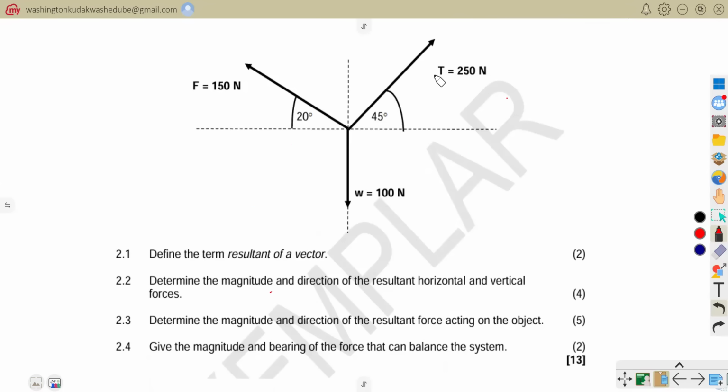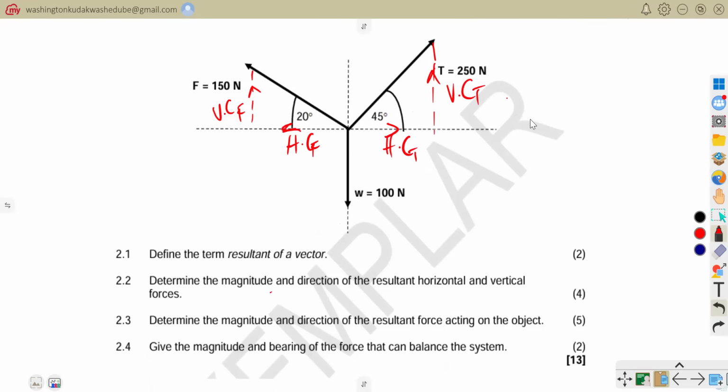If a vector is acting at an angle, we need to resolve it into its vertical component and its horizontal component. So let's say horizontal component of T and vertical component of T. And then we need to resolve F into vertical component of F and horizontal component of F. And then W is already in its vertical component. It has no horizontal component.